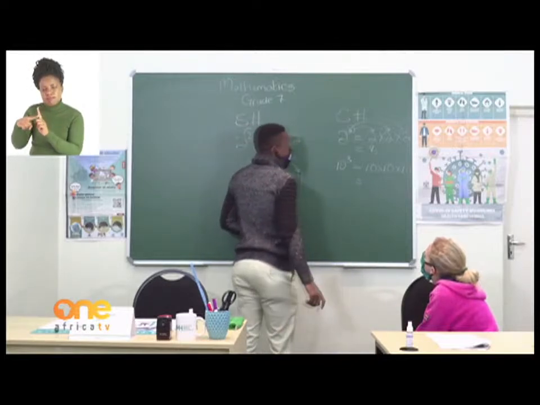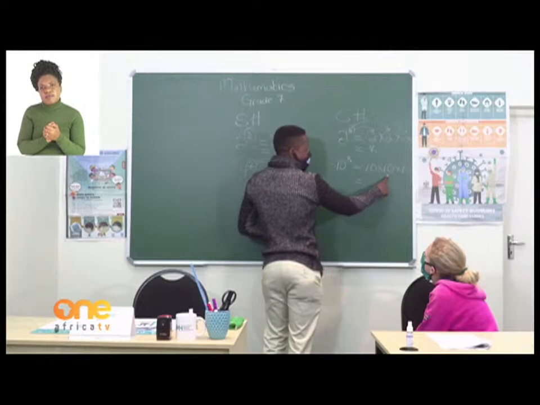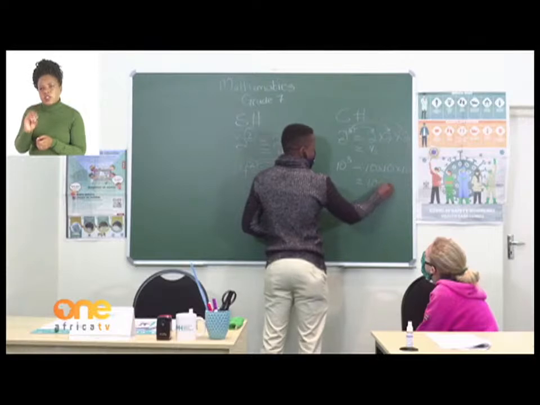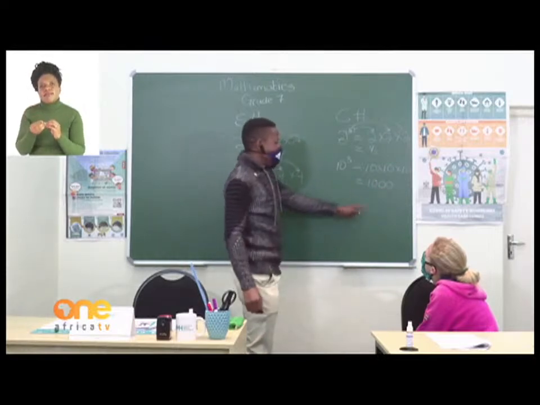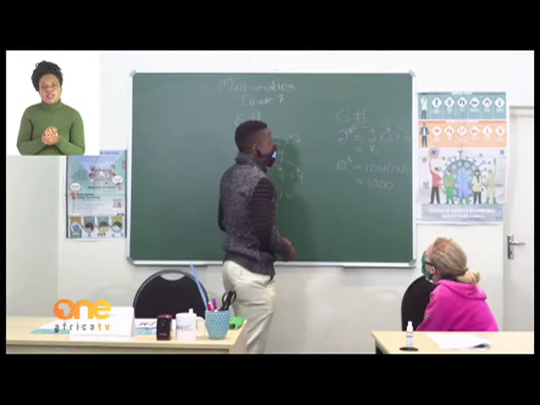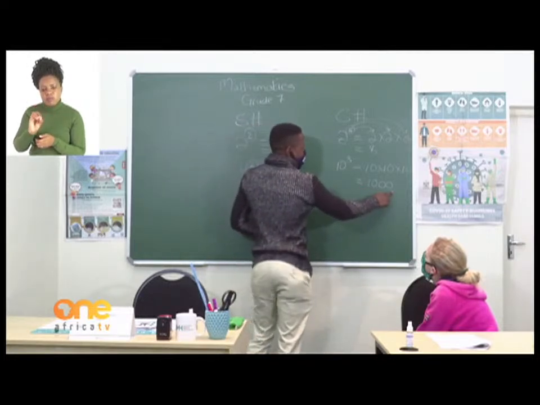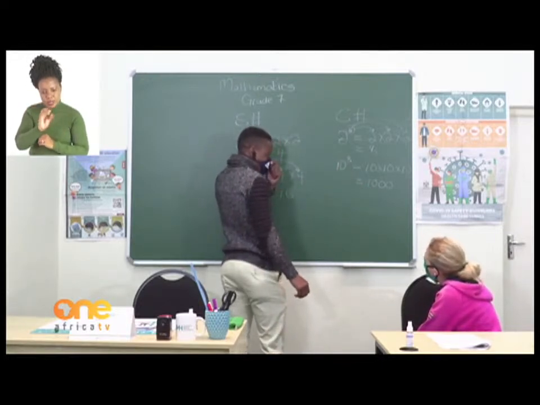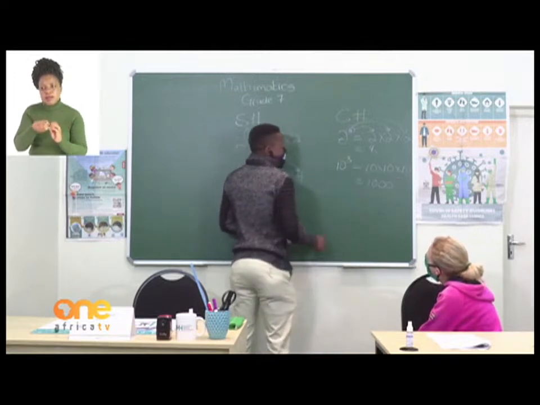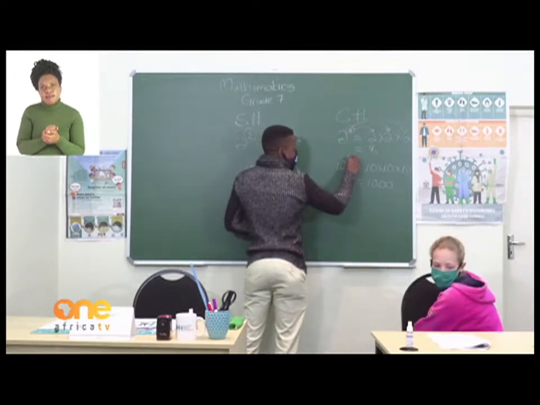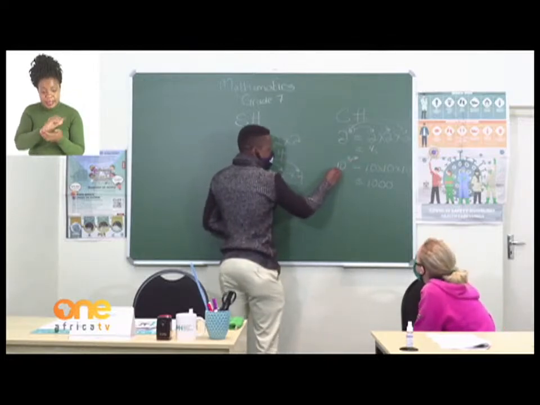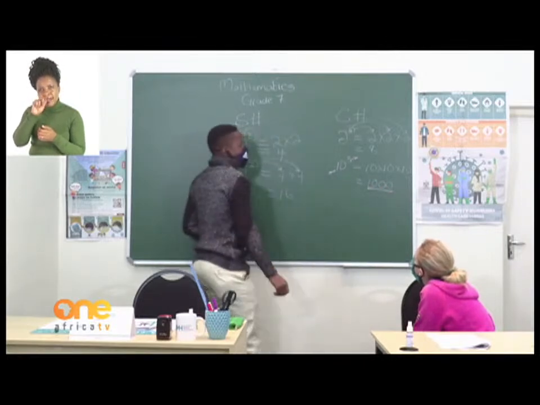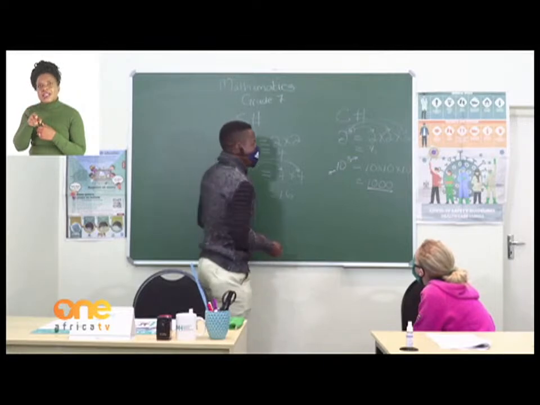And then we say 10 times 10 gives you 100. 100 times 10 gives you 1,000. So we say 1,000 is a cube number coming from 10 cubed, 10 times 10 times 10. This is an exponent, this is a base, and this is a cube number, or we can say the product.